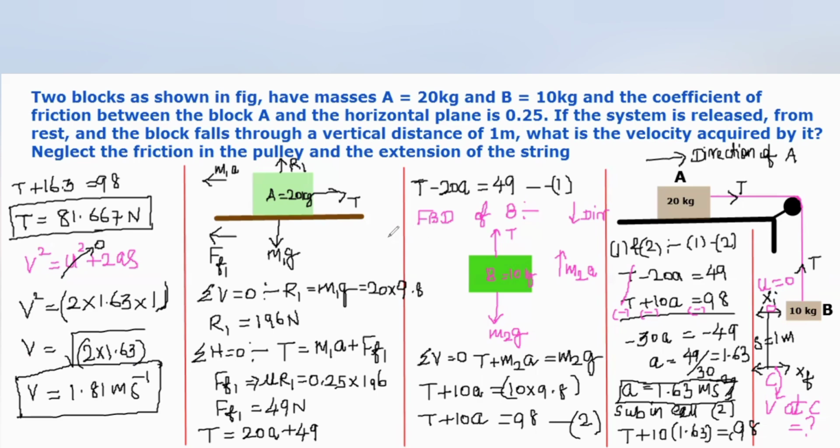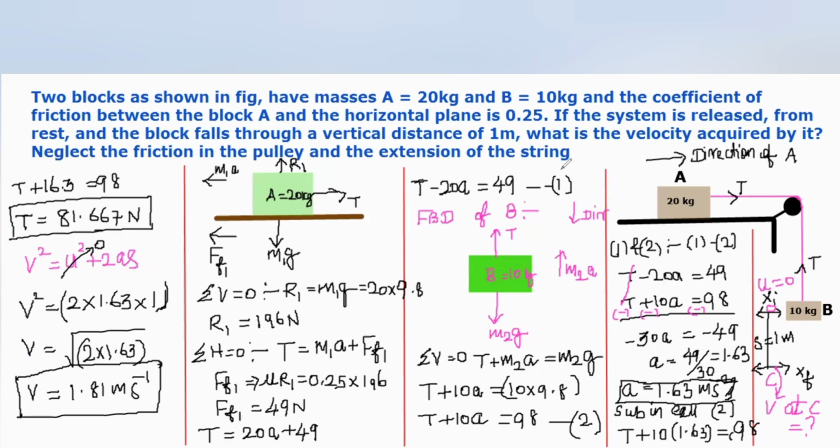We considered the free body diagram of object A and got one equation. Then the free body diagram of B gave another equation. By solving these two equations, we got the value of acceleration.